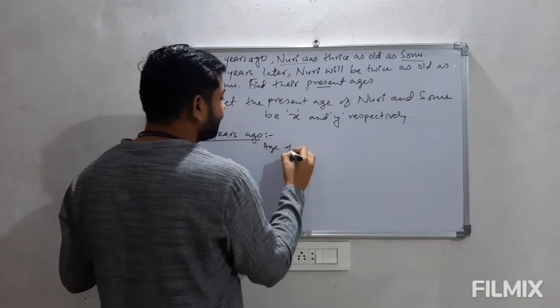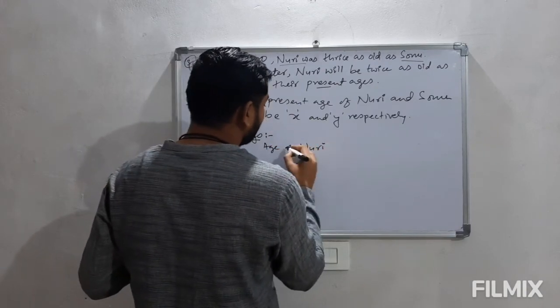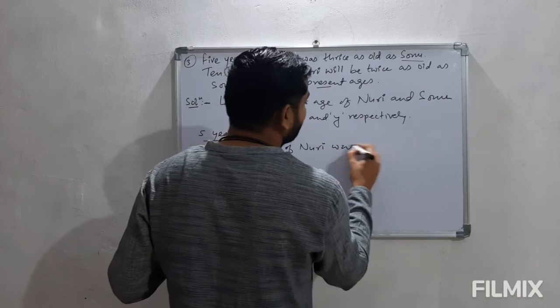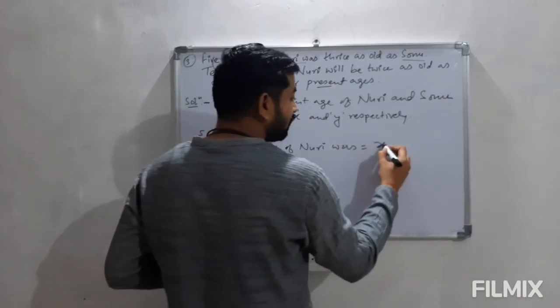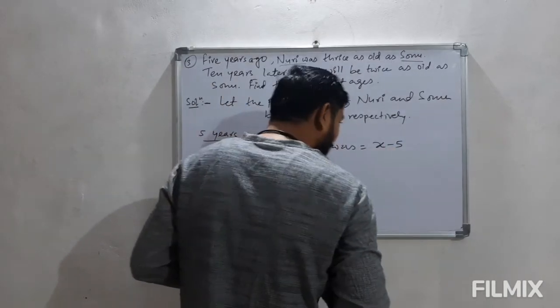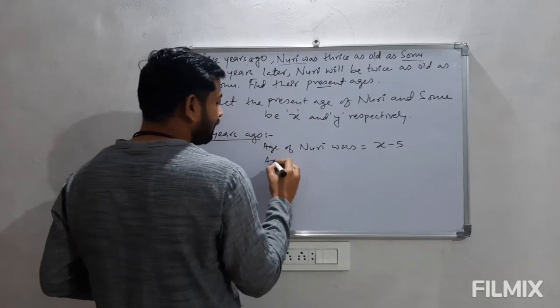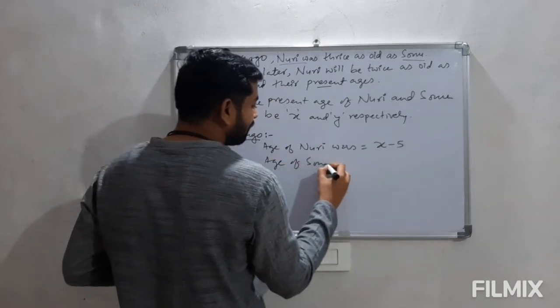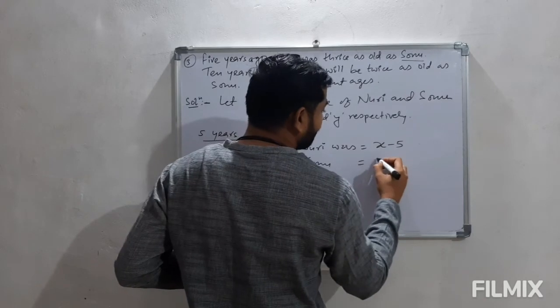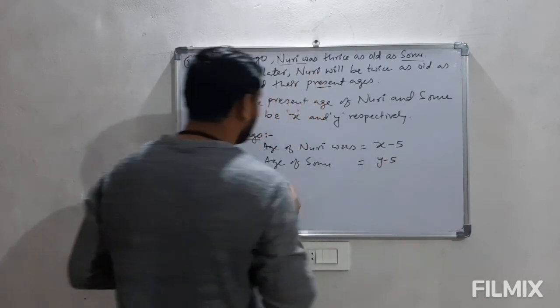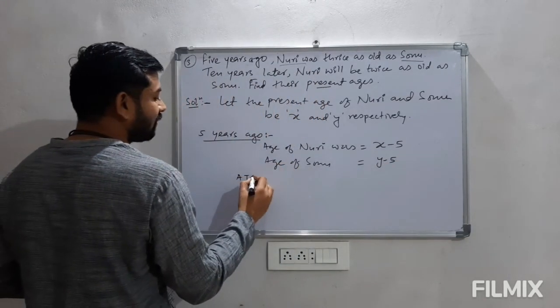Age of Nuri was, it is x presently, so it must have been x minus 5, and age of Sonu, it was y minus 5.